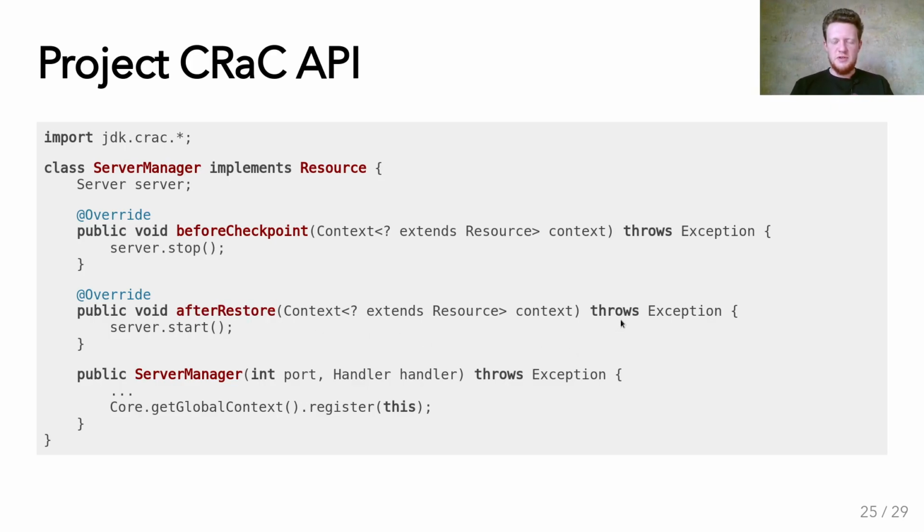All exceptions in this case will be collected and reported in a single place where you could log them or handle them, like the main method of the main class throwing a set of exceptions when it could not start. And all that remains is to register this object implementing the methods into the CRaC subsystem.